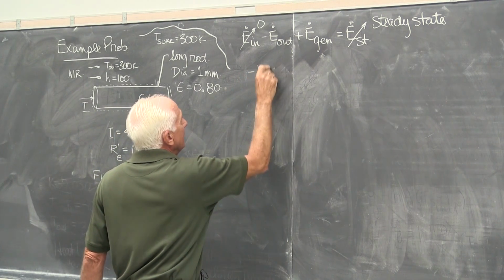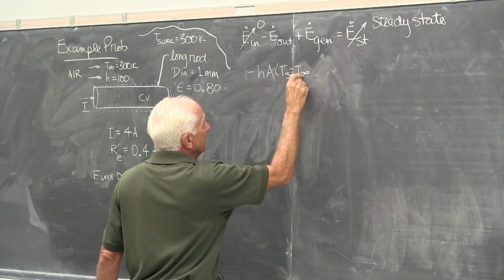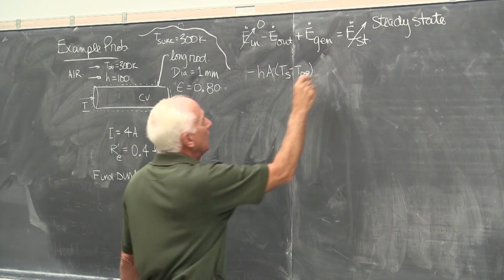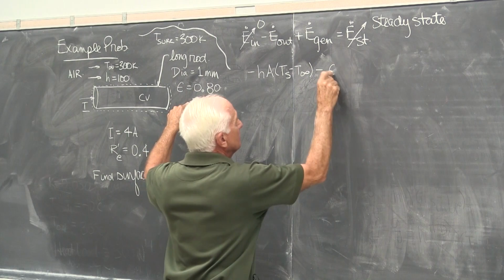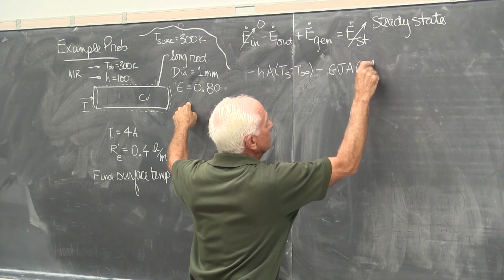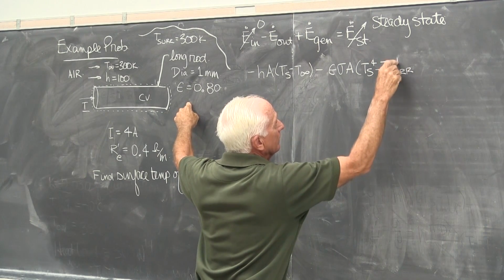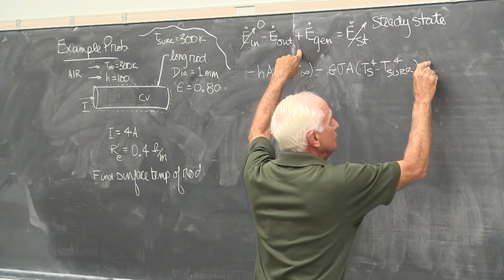Convection first: hA(T surface minus T infinity). Radiation: minus epsilon sigma A (T surface to the fourth minus T surroundings to the fourth). Plus E dot gen.